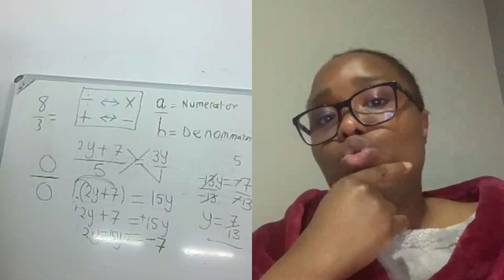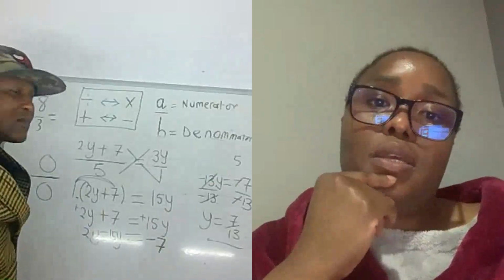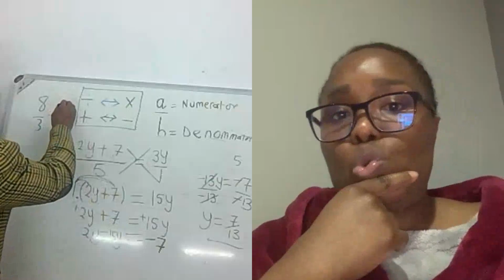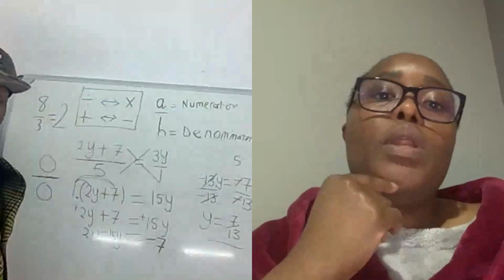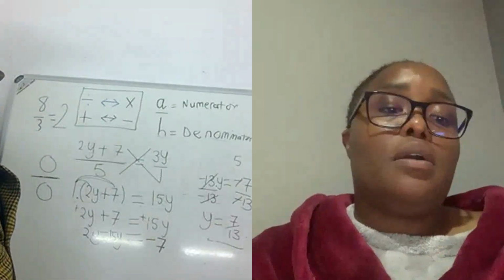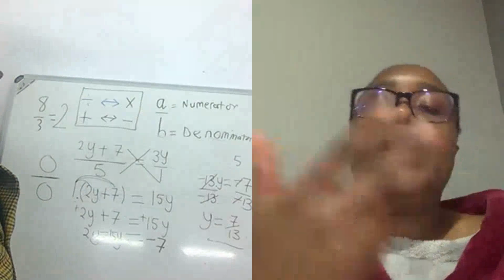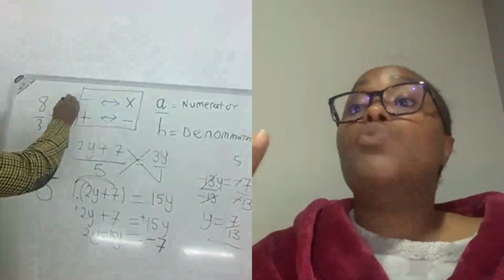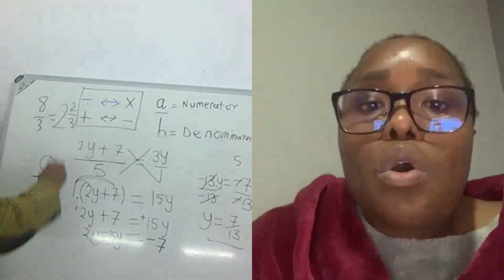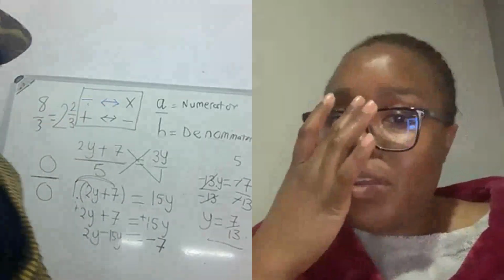How many 3s go into 8? It's going to be 2. 2 times 3 is 6, and we are left with 2, so 2 over 3.